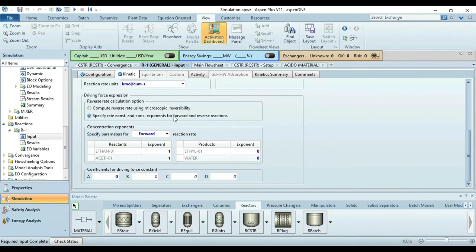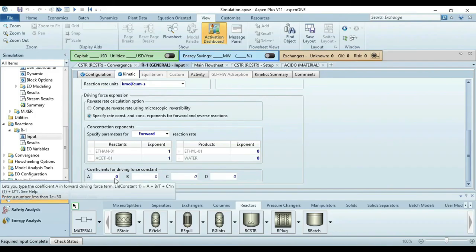For the direct reaction, the forward reaction rate, we are going to specify the exponents of our concentrations. We have our coefficients, exponents equal to 1 for the concentrations in the direct reaction for ethanol and acetic acid, and also the coefficient is equal to 1.